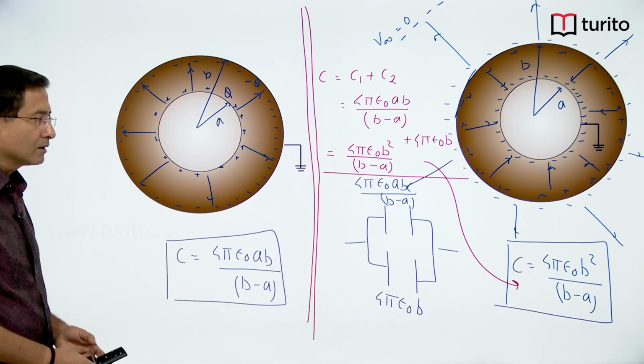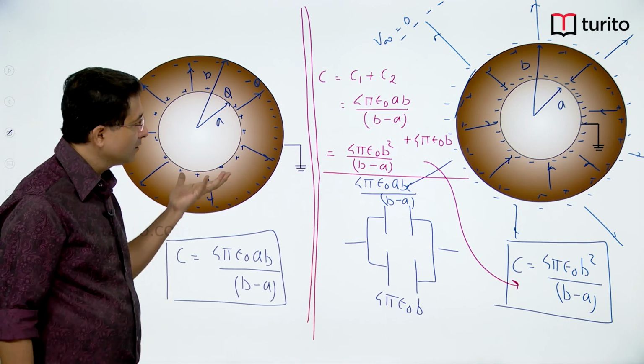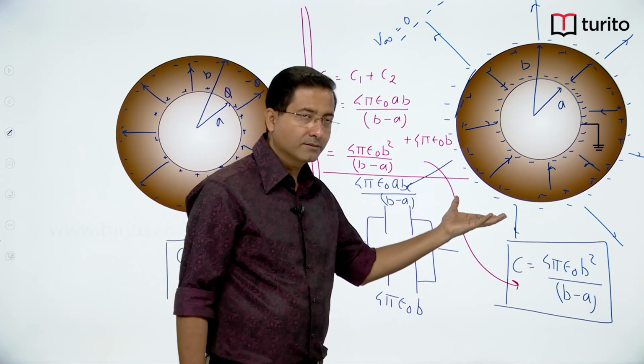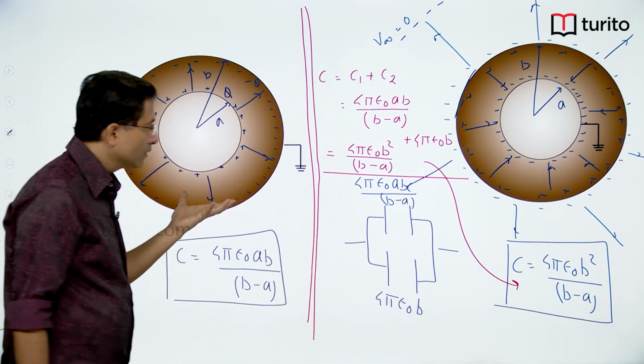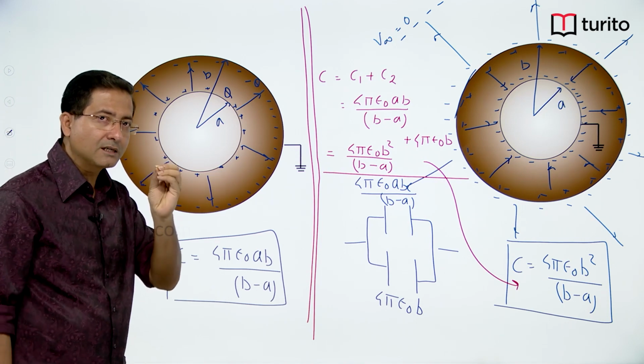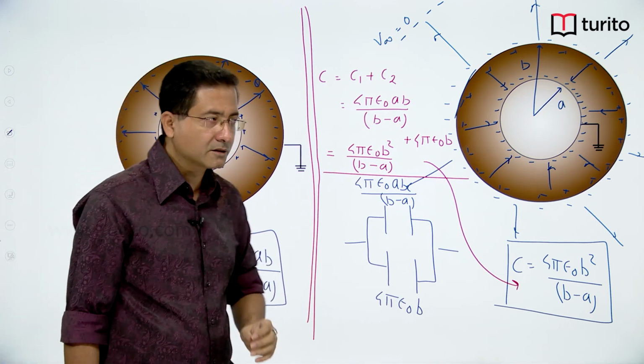Now, we took the problem we earlier discussed. There we solved it by the complete procedure, charge divided by potential difference will give you capacitance.